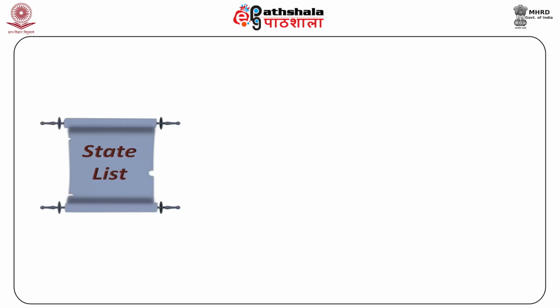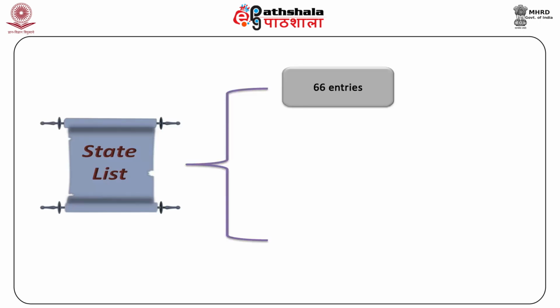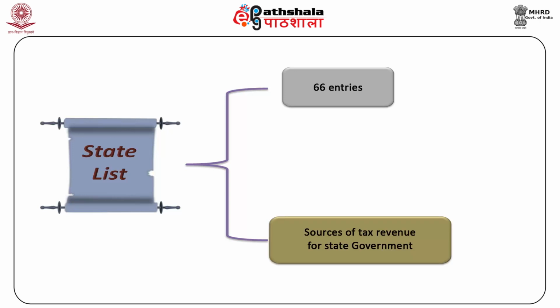The state list, which consists of 66 entries, contains sources of tax revenue for the state government.